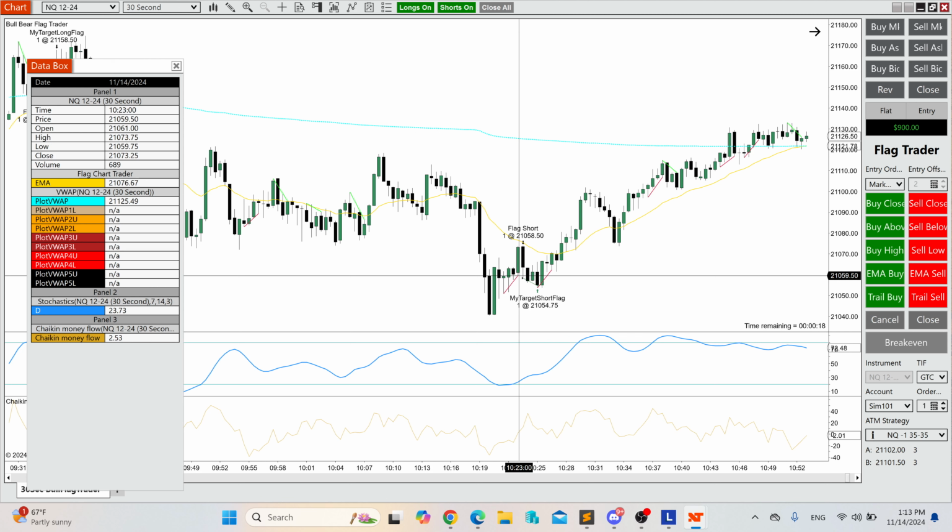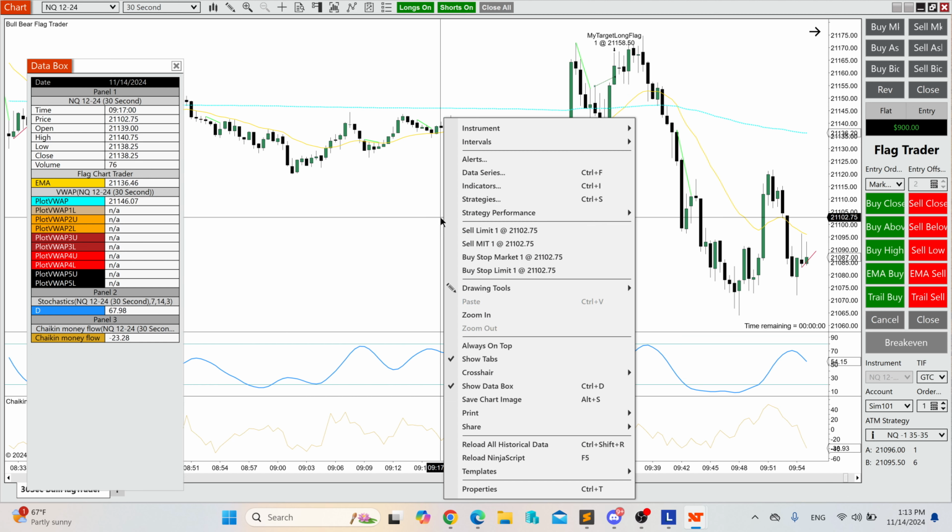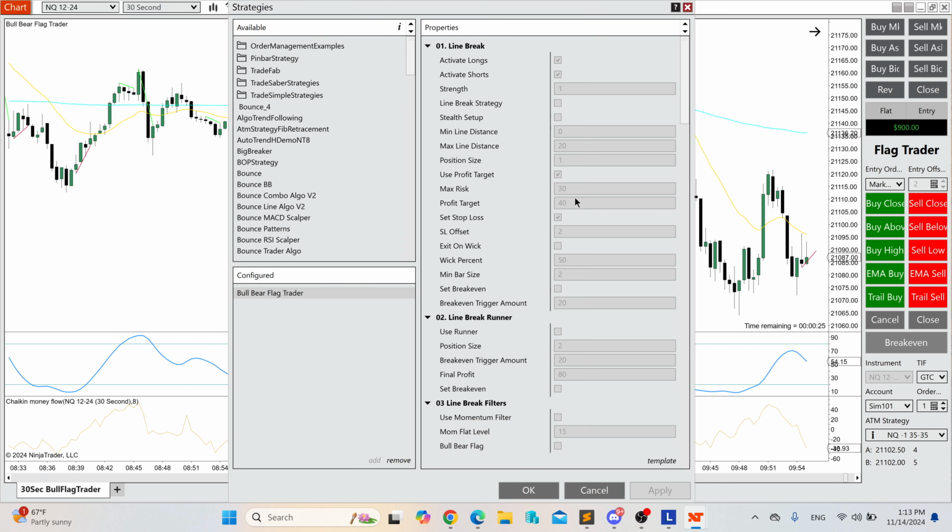See, even though stochastic is low, Chaikin is in positive territory, so this trade would be filtered out. Or here, this would be a bull flag long, and Chaikin is also in positive territory, so this would be a valid trade. So that's what it's doing.